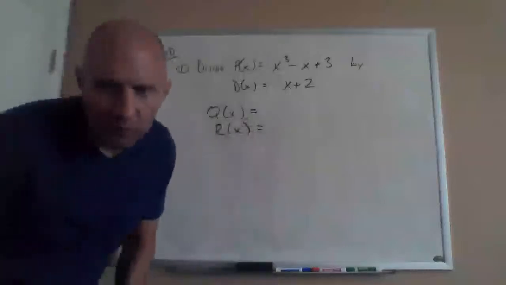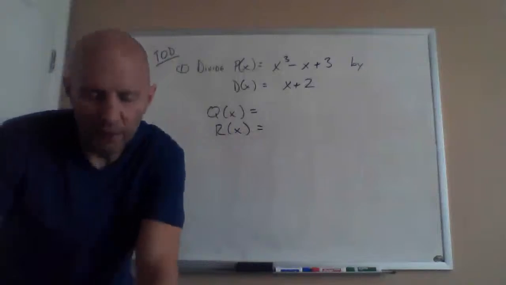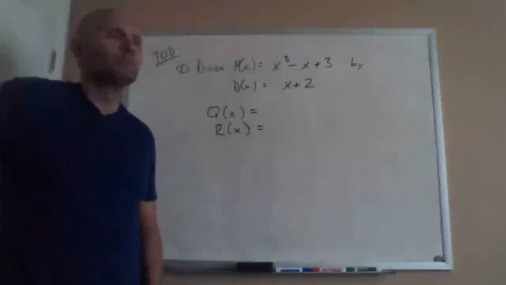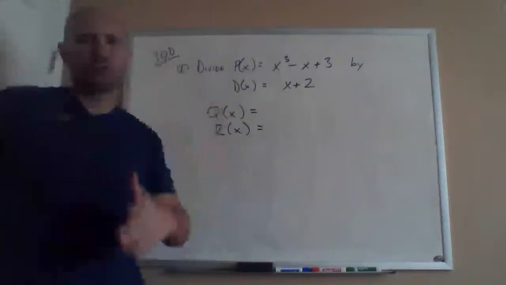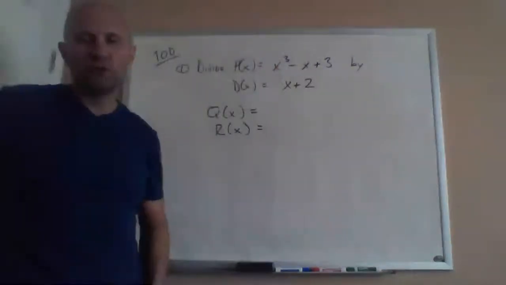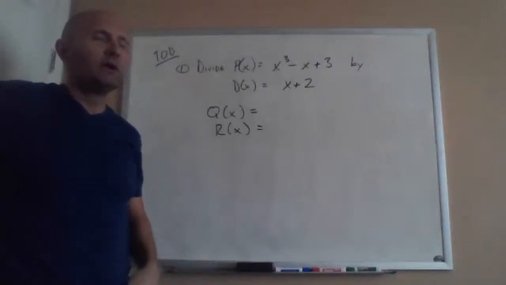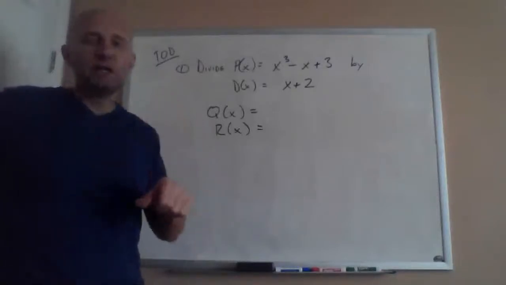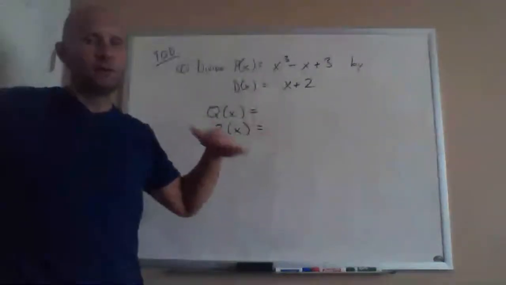Oh, so for synthetic division, if it's x squared, we can't do it, that's correct, Mary. It's only if it's x plus or minus some number. So in this case, x plus 2, this one you could do synthetic if you want. If it's any other degree other than x to the first power, and the coefficient has to be 1, you can't do it.